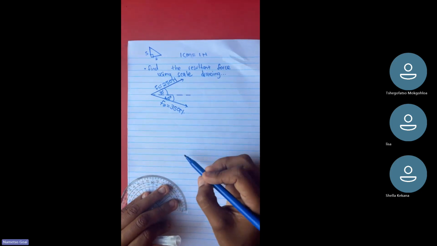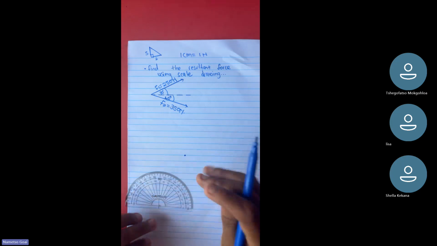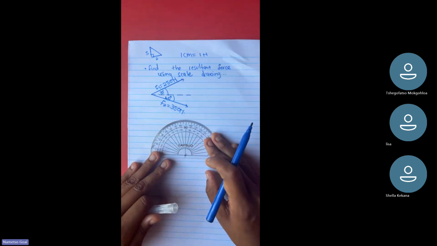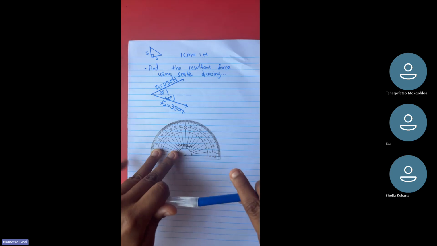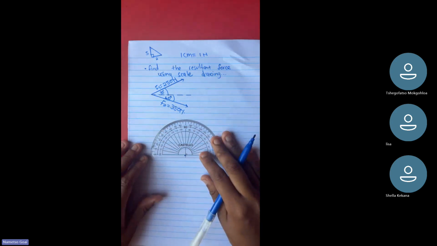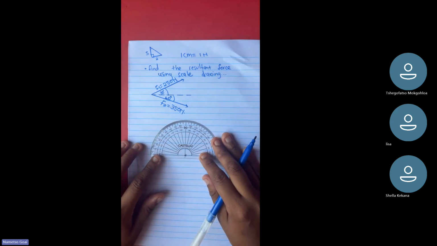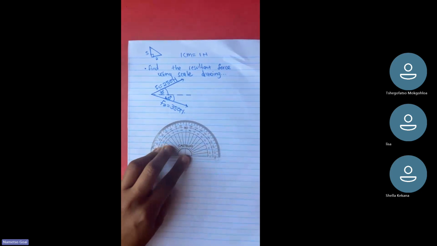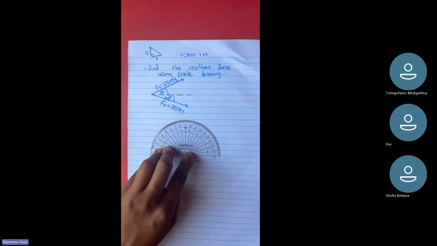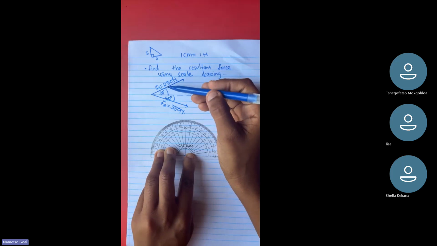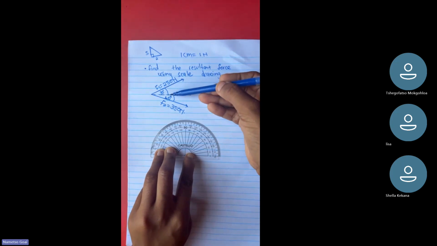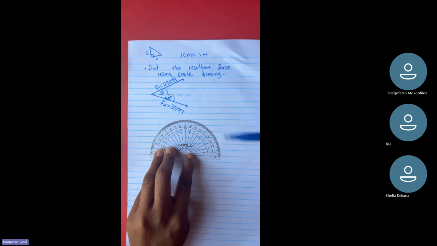First things first, you make a dot over here and just place the protractor over here. Because look at this, they said that for force one, it's elevated 30 degrees upward, right?